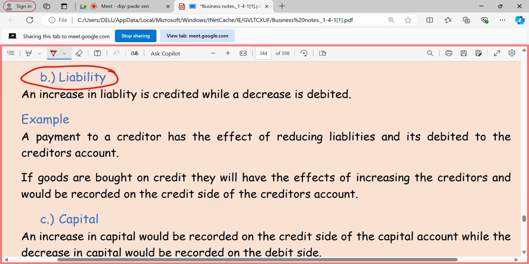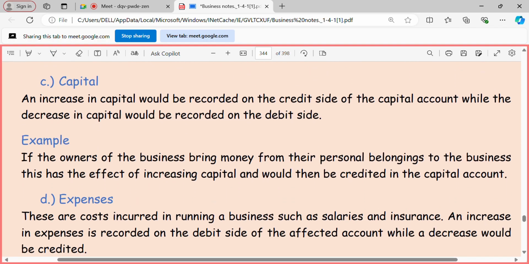When you decide to pay 400,000 to reduce your loan, you are going to debit it. But at the time you are acquiring that 1 million, you are incurring that loan, so you credit it. So an increase in liability, like loans, you credit; a decrease, you debit.